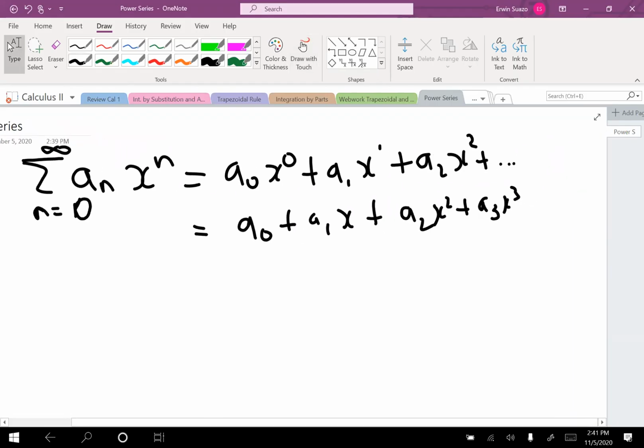So what I promised before was that you will be able to define the functions we work with, like the exponential function, the logarithm function, all those continuous functions. We can express them as a power series.